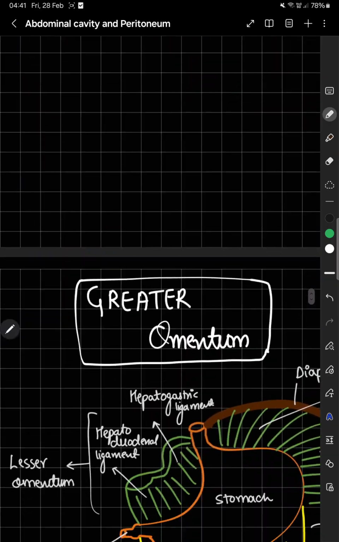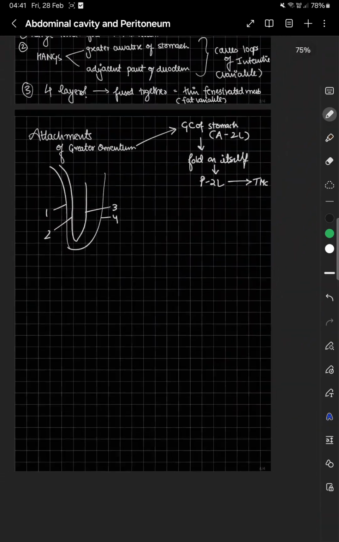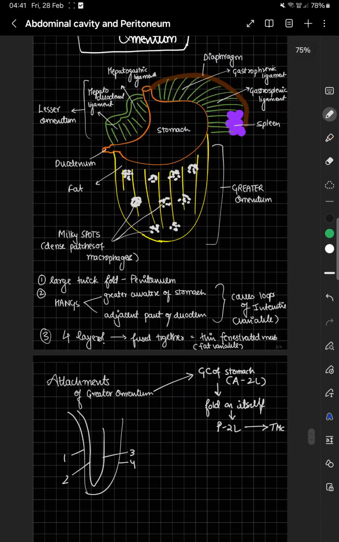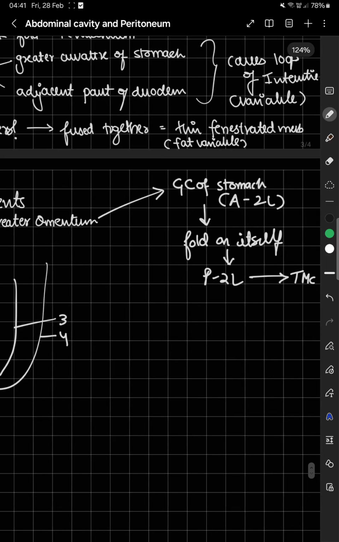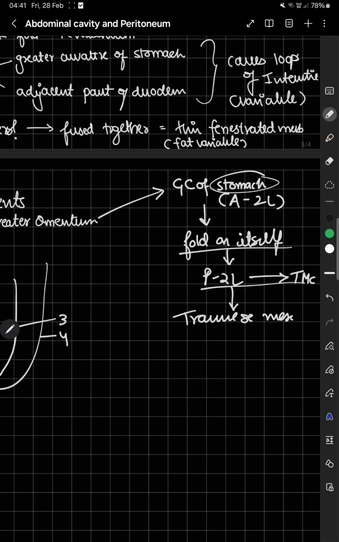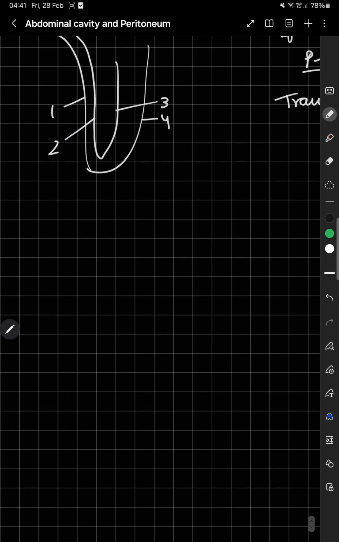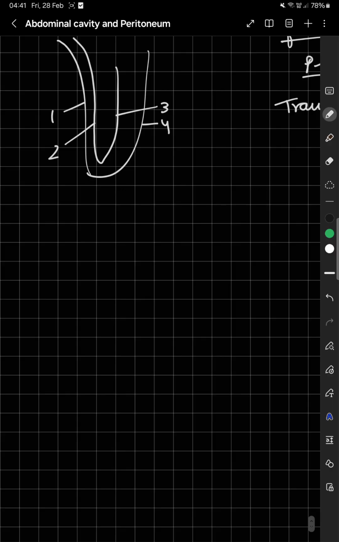Roughly this part is enough, you don't need to go to the depth. It gets attached over there. Okay, so this is all about greater omentum.